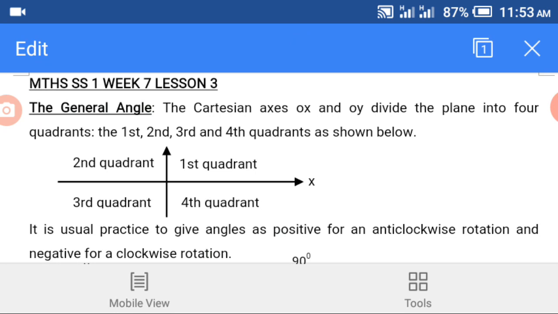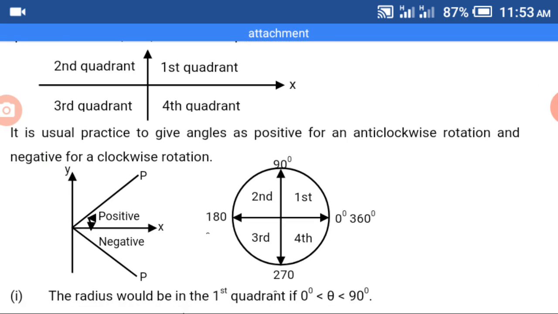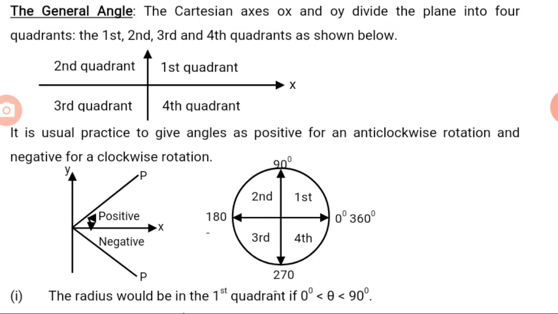Is that clear? So it is usual practice to give angles as positive for an anti-clockwise rotation and negative for a clockwise rotation. Now look at the positive.